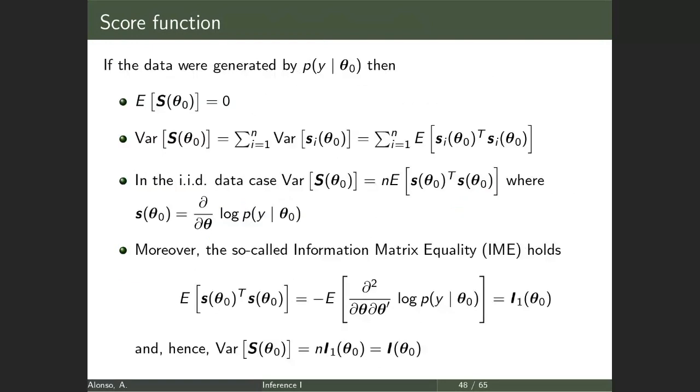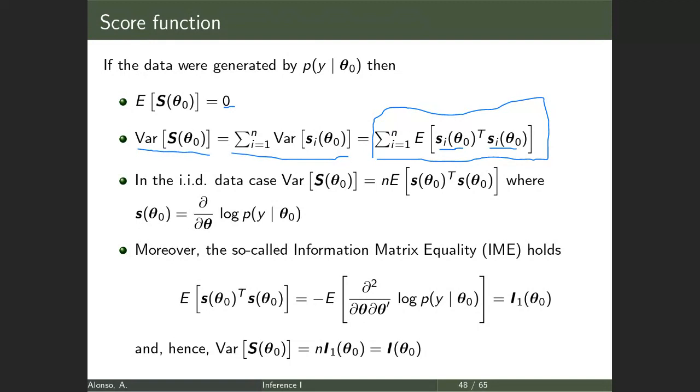And if the individual score functions also have mean 0, you can show that that variance can be written in this way. So the variance of the score function is just the sum of these expected values having the products of these two terms over here.